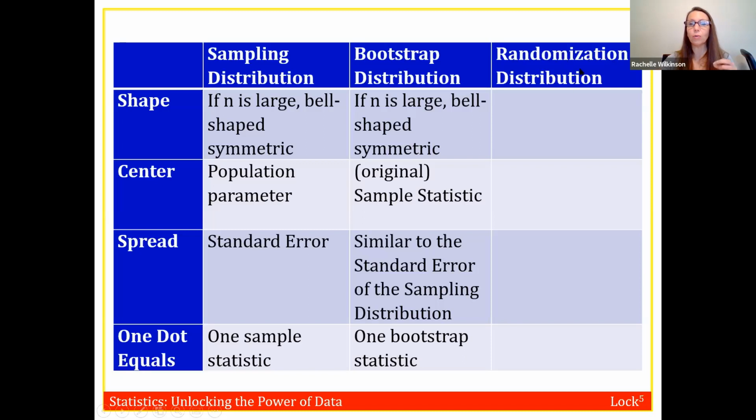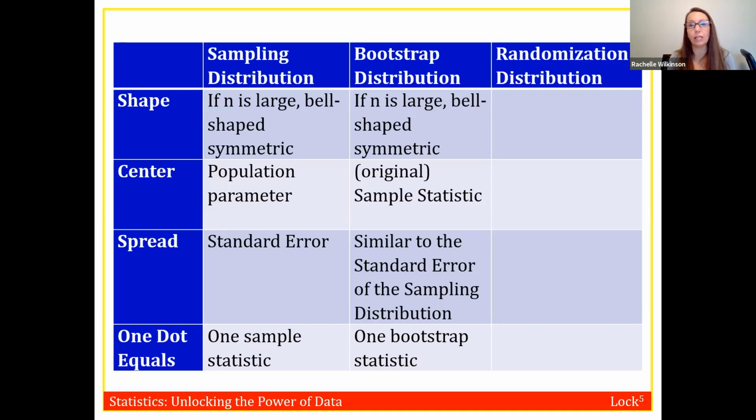All right, now let's look at randomization distribution. We use a randomization distribution to do a hypothesis test. The shape of the randomization distribution is the same as the other two, bell-shaped symmetric if n is large. But let's think about how we construct a randomization distribution. We simulate taking samples, assuming that the null hypothesis is true.